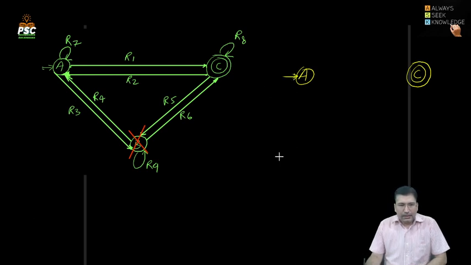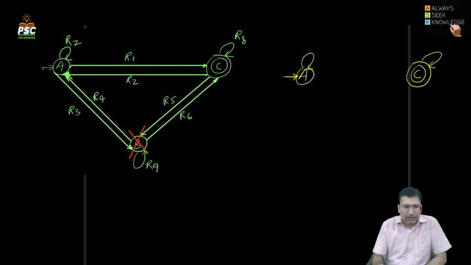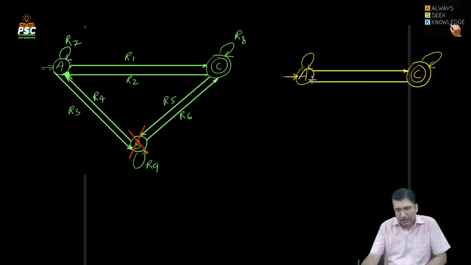If there was some loop, the loops will still exist. And if there was a path from A to C and C to A, the path will also exist. So we can draw A to C, and C to A also will be a path.